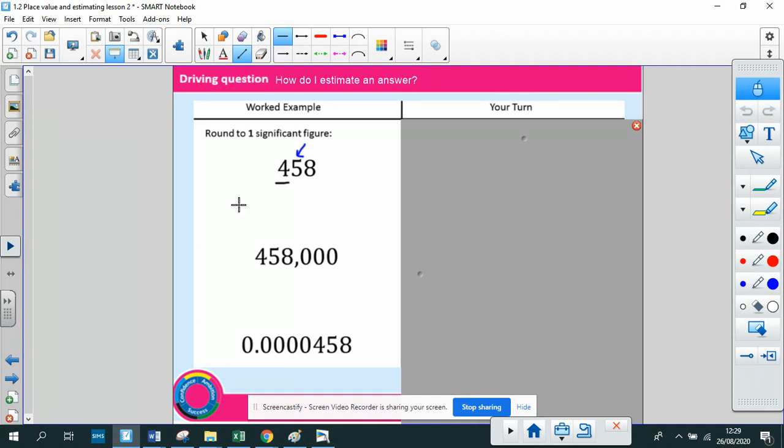If we think about a number line, I'm not going to do this for every question, but for this one here, we'll do a quick one. So 400 there, and 500 there.